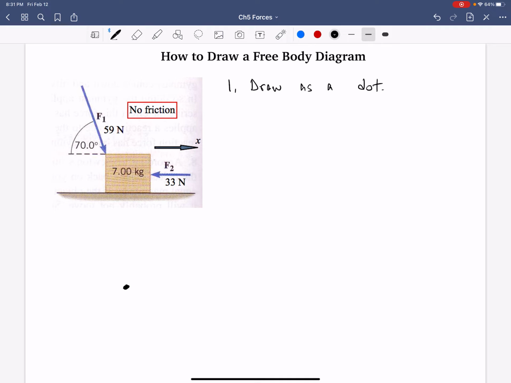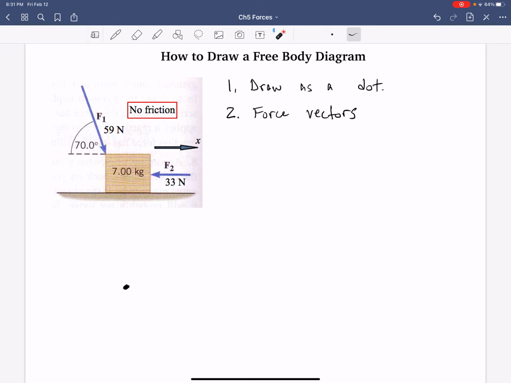The next step is we want to draw from that dot, starting at the dot and going outwards in whatever direction, we want to draw vectors. So force vectors is next. Okay, and so in this problem we have two, F1 and F2. In the picture shown, it's showing a rather unusual orientation for the force, meaning that the head of the vector is on the object itself.